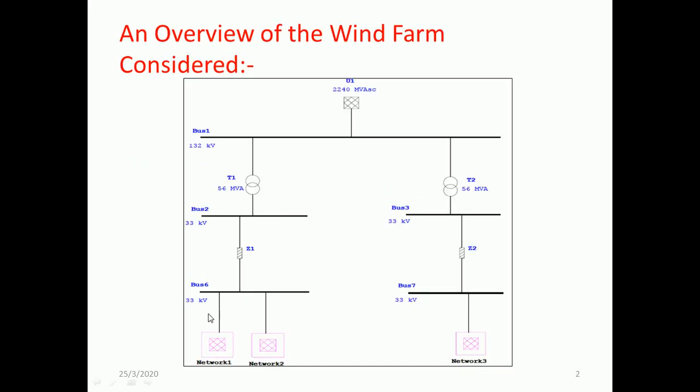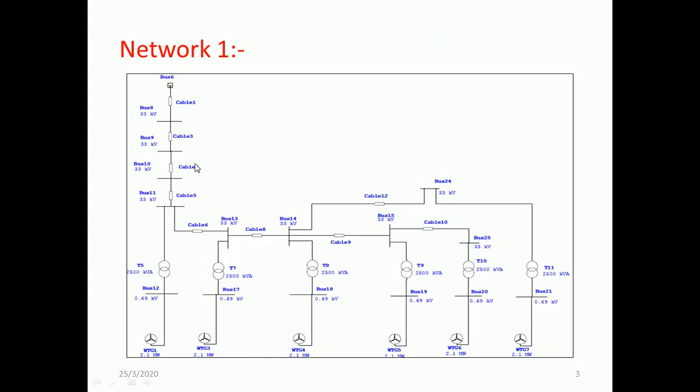You can also observe bus number 6, which is indicated here at the end in network 1. Network 1, as shown in this diagram, comprises 6 wind turbine generators: WTG 1, 2, 3, 4, 5 and 6. This is a squirrel cage induction generator, and it has a capacity of 2.1 megawatt.